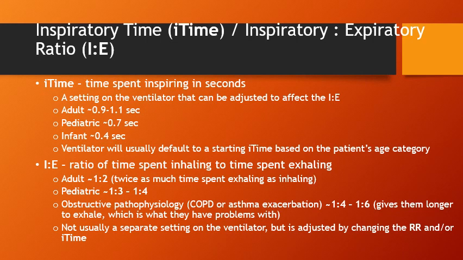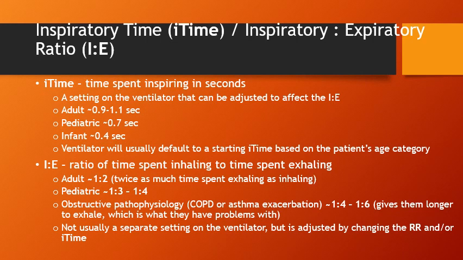Okay? So let's talk about our obstructive pathophysiology patients. Those, remember, our COPD and asthma exacerbation. A normal I to E ratio for them is about 1 to 4 to 1 to 6. The reason for this is it gives them longer to exhale, which is what they have a problem doing.